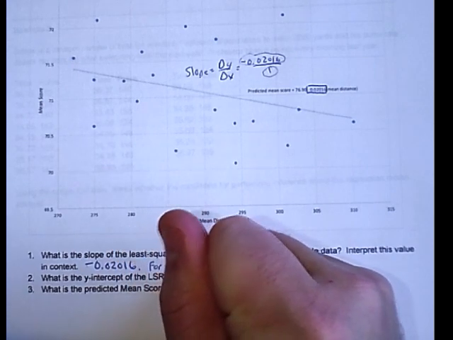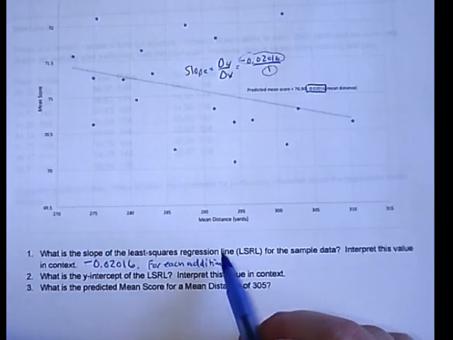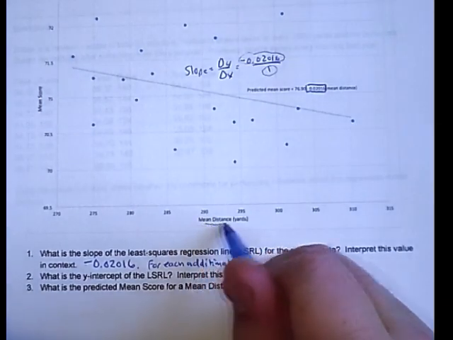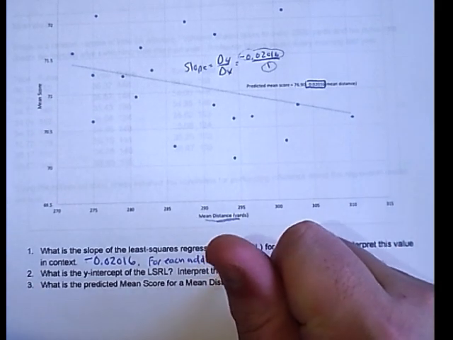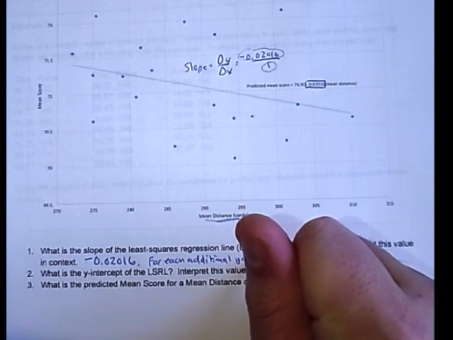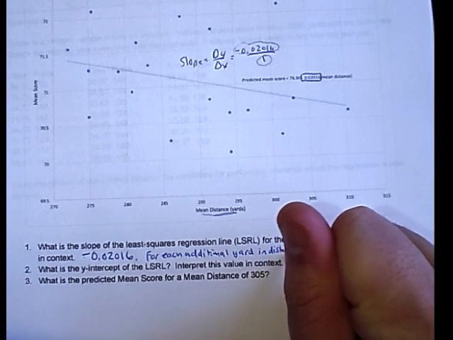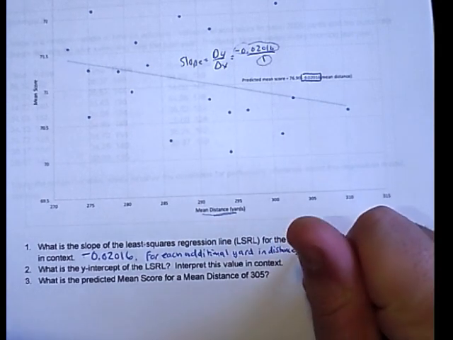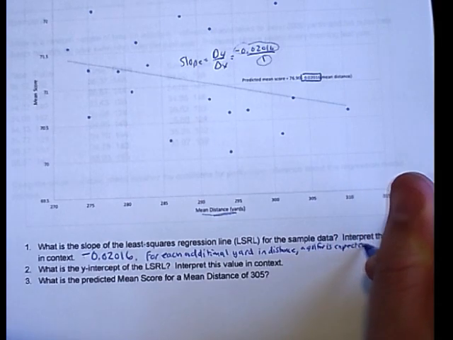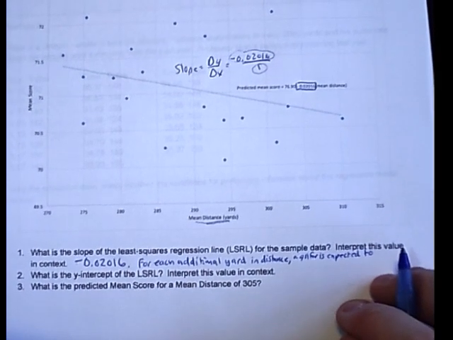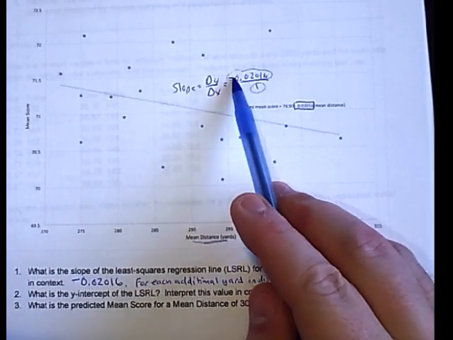And so I can write it something like this. For each additional x, but I'm going to put that in context, the x variable is mean distance in yards. For each additional yard in distance, a golfer is expected to have this much change in y.